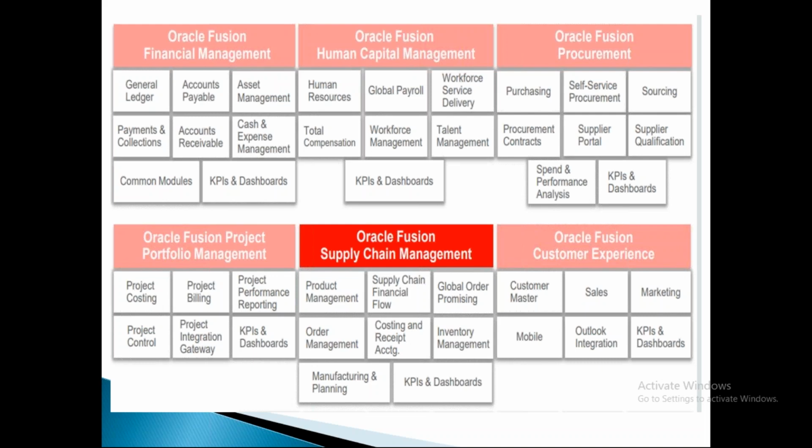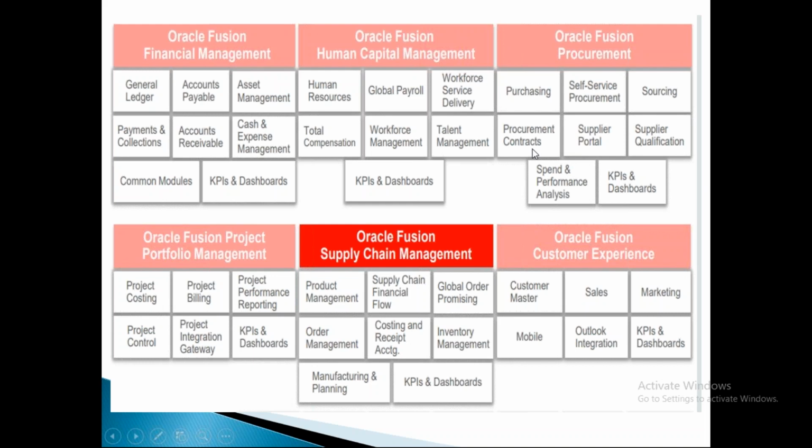There are some of the applications which come through a suite here. You have Oracle Fusion Supply Chain Management, and here you have product information management, order management, costing and receipt accounting, inventory management, and global order promising. One thing you need to understand is that procurement is no longer part of the SCM suite. It is a completely different suite altogether.